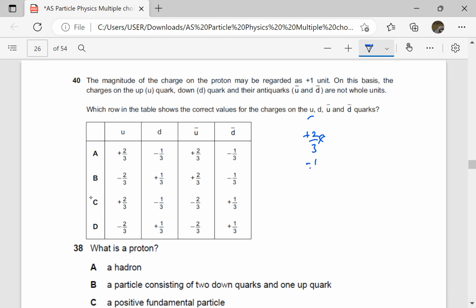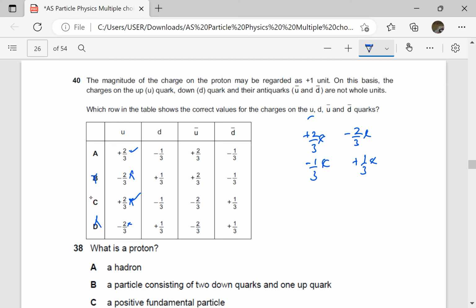Down is -1/3e. Anti-up is going to be -2/3e. Then anti-down will become +1/3e. So this one is correct for up. This is wrong. This is correct. These two are wrong. So we have eliminated B and D.